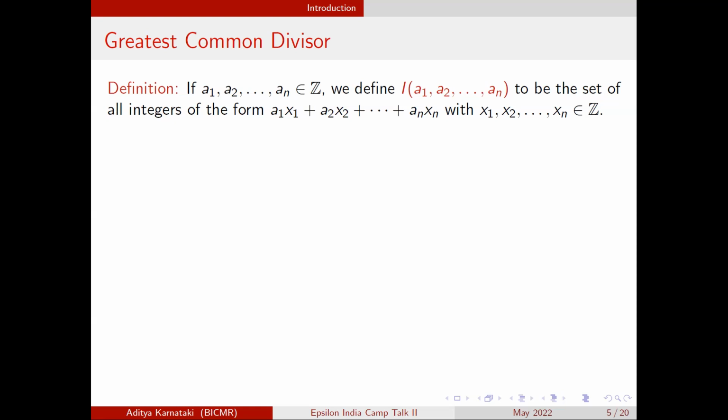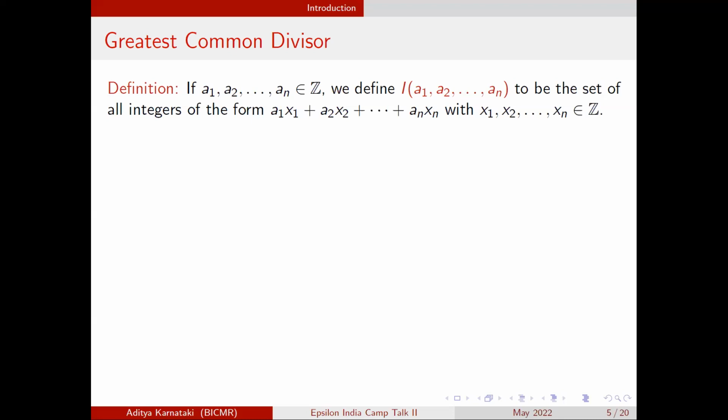Currently this is just all the things you can have for any a1, a2, an, but for today's talk, we actually only need 2 integers. We don't consider 3 or 4 or 5. I just wanted to give you the general definition, because why stop at 2? But today you have a and b, any 2 integers.